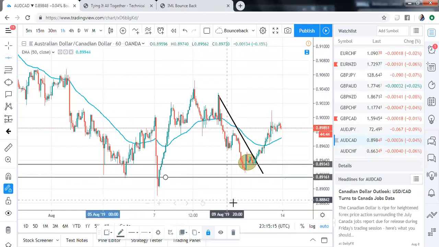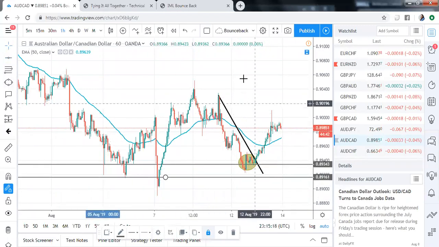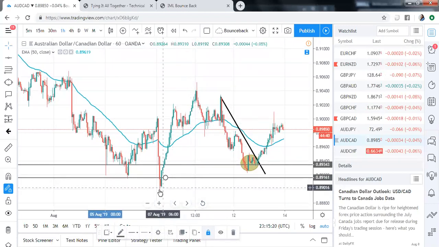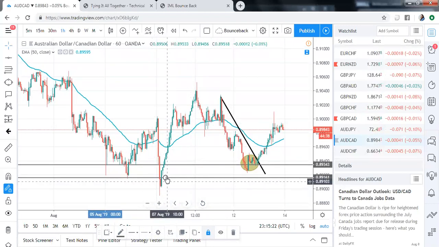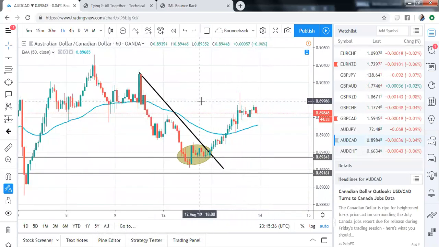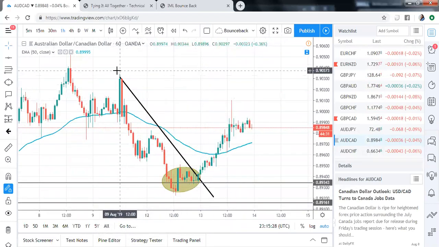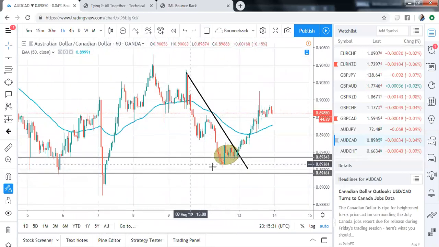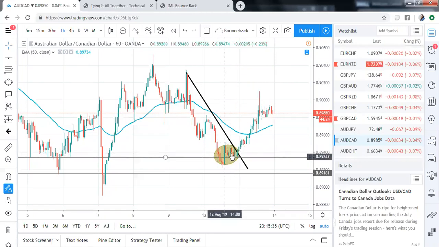So I'm going to put my zone around here. My zone can be bigger. You could take in this whole area here, but I prefer here, right? Good. So we have our trend line. We have identified the support of the setup, because remember, this is the setup.